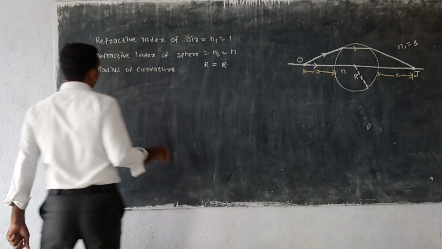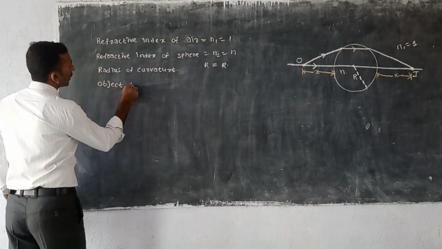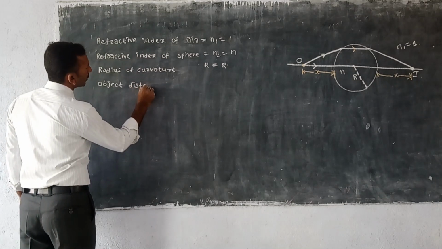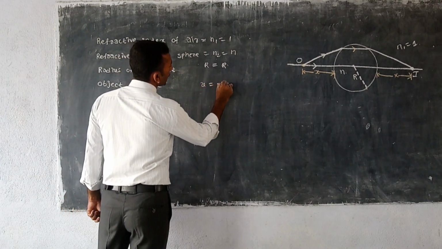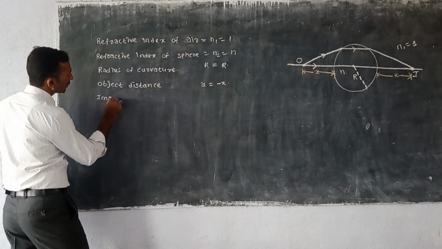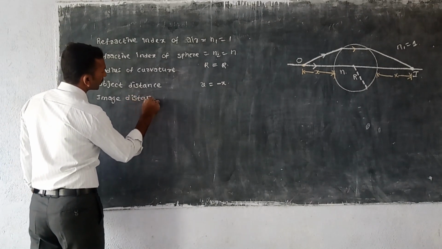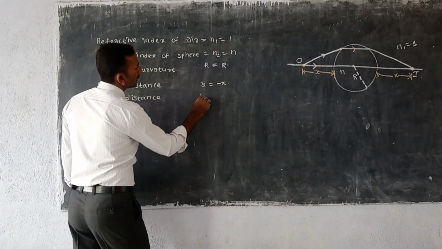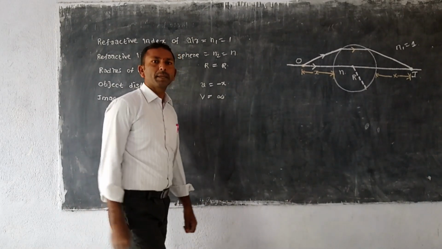First write the values. Object distance u equals minus x, and image distance v equals infinity. We have to find out the image distance.